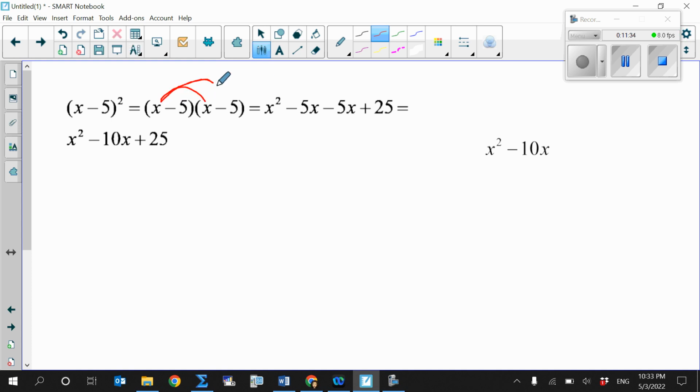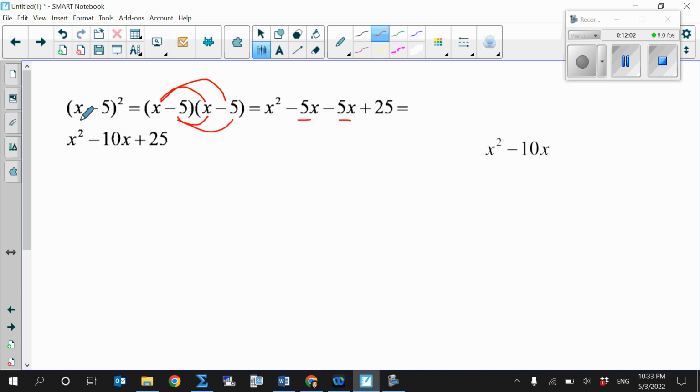X times negative 5 is negative 5x. Negative 5 times x is negative 5x. And negative 5 times negative 5 is plus 25. Now, if we combine the like terms, the negative 5x and negative 5x are like terms, we combine them, then it will be x squared minus 10x plus 25. So this is the expanded form of this perfect square.